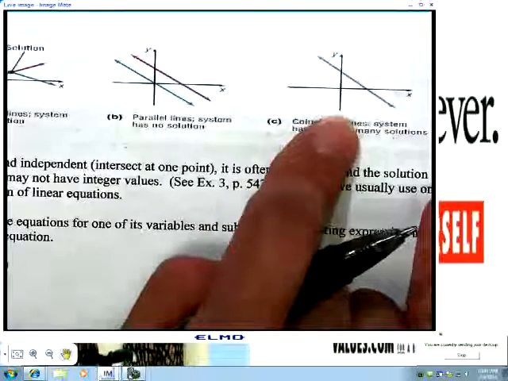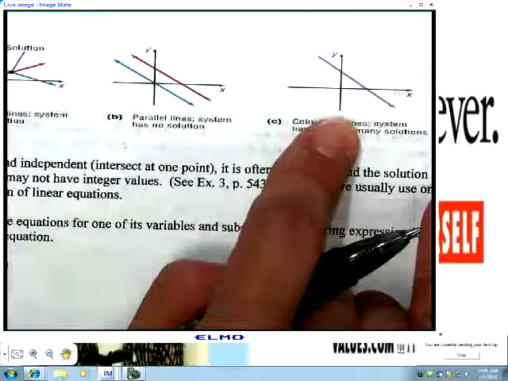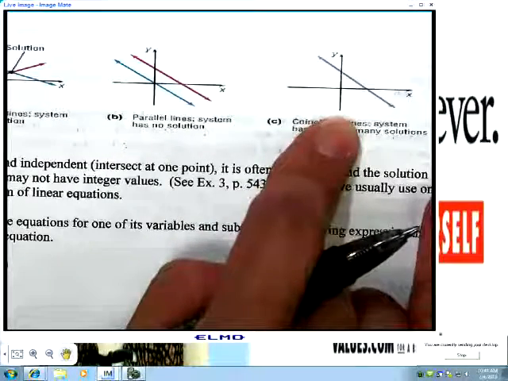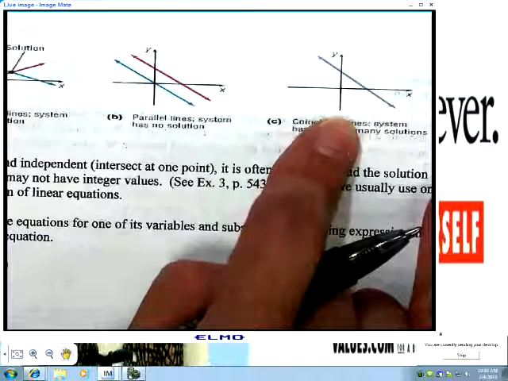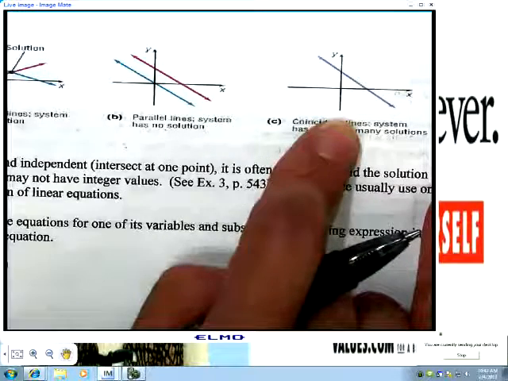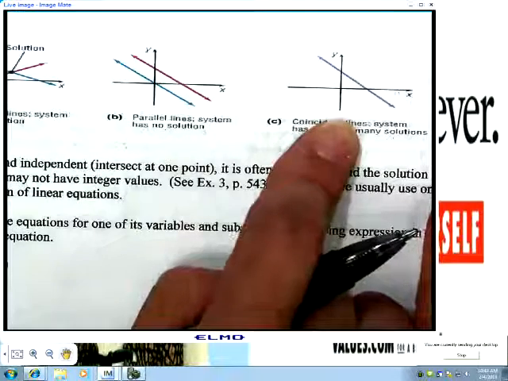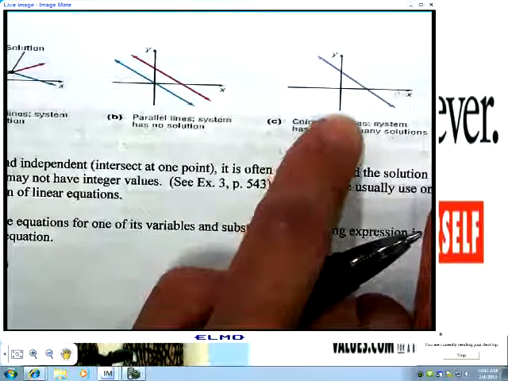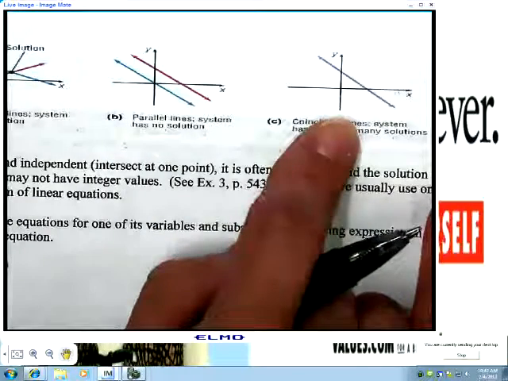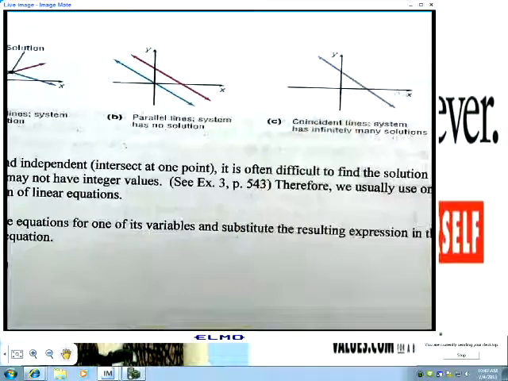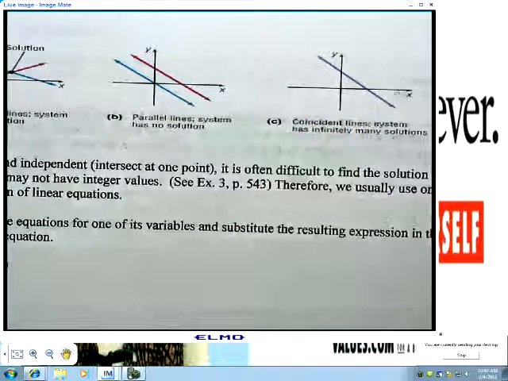What does that tell you about the number of solutions to that system? There are infinitely many solutions. Now, I'm not saying all real numbers. I'm not saying anything you want to plug in makes these equations true. I'm just saying anything that makes one of them true makes the other one true, because if you graph them, they're the same line.